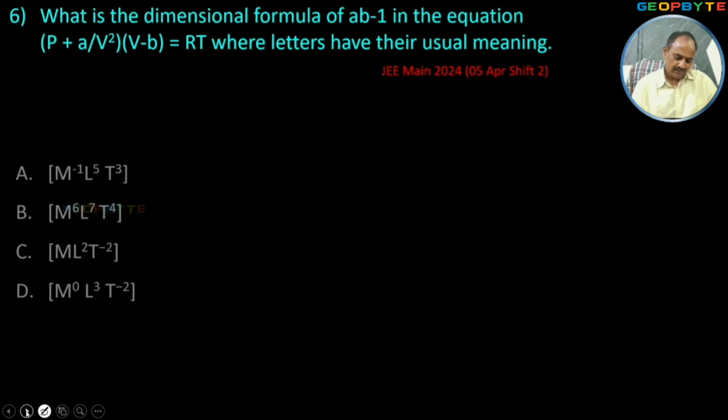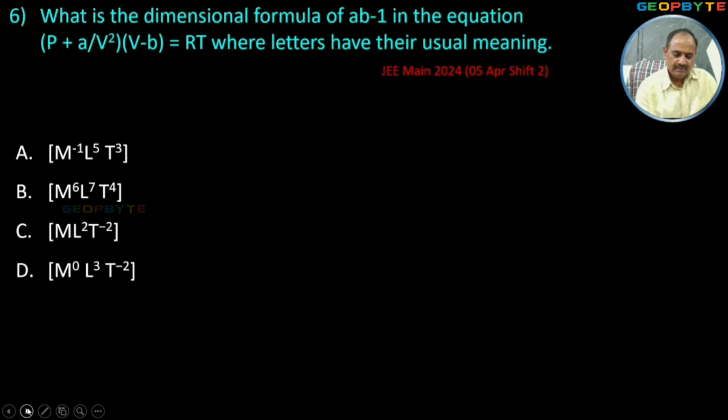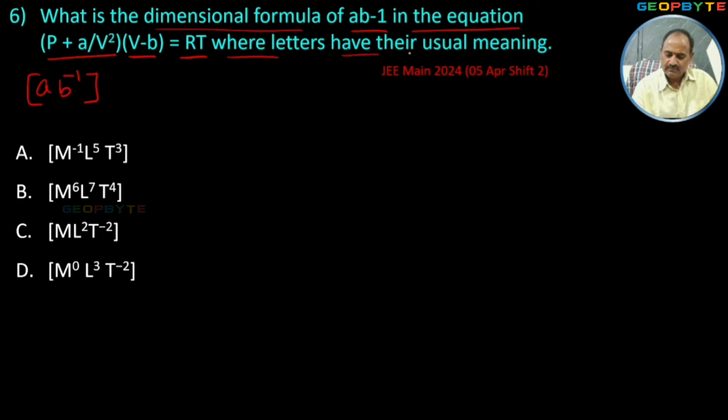Yes. Look at another question. It is asking like this. Try to read it clearly. What is the dimensional formula of a b power minus 1? In the equation p plus a by v square into v minus b equals rt, where letters have their usual meanings.